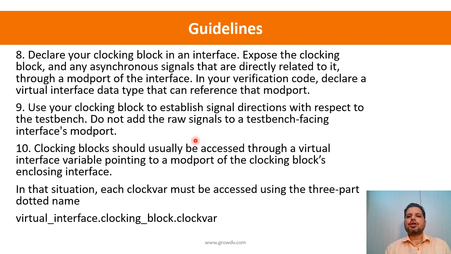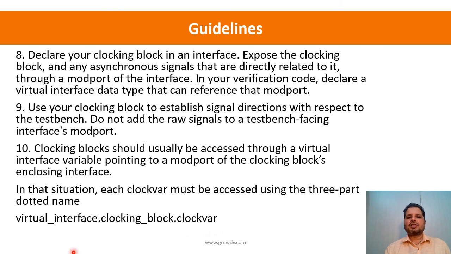If you are planning to use a clocking block, it's better to establish the direction with respect to the testbench in your clocking block, and then pass the clocking block to the modport rather than adding the raw signals directly in the modport, because when you do that, they also become available to be driven asynchronously, and that can cause confusion. And clocking blocks should be accessed through the virtual interface pointing to your modport.